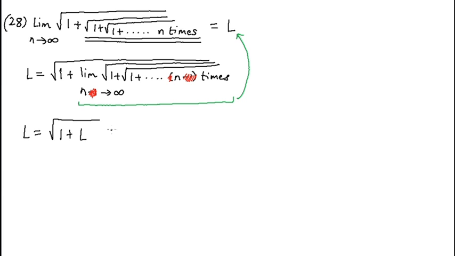So to find L, I can square both sides, so this implies that L square equals 1 plus L. I get a quadratic equation, and I can solve it for L using the formula method and accept the positive value of L, because if you look at the first equation over here, clearly the left hand side must be positive, so you reject the negative root of this quadratic and accept the positive root, and so you get the answer L is equal to 1 plus square root of 5 divided by 2.